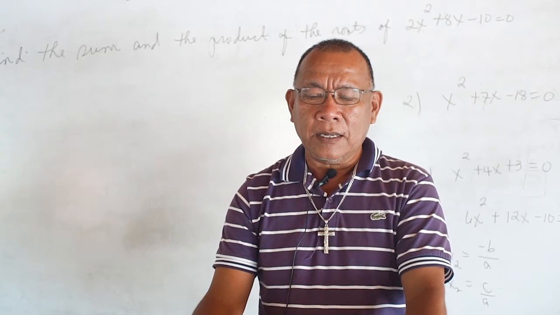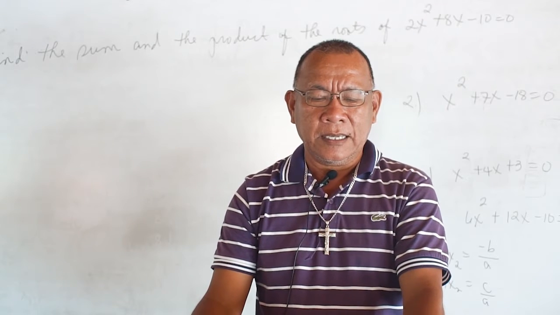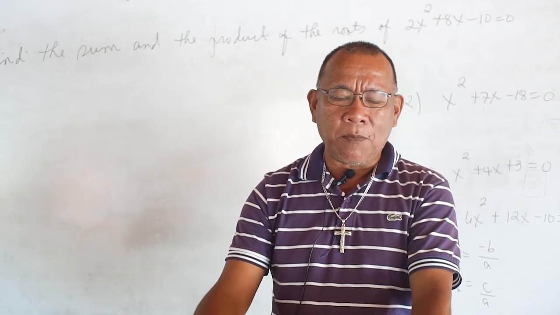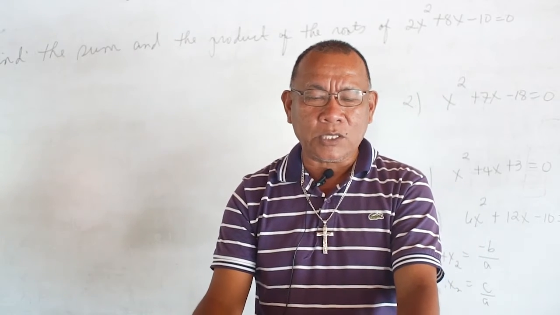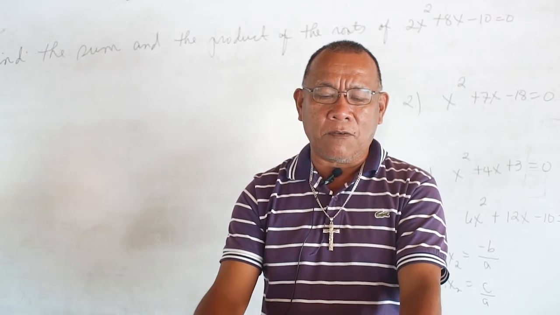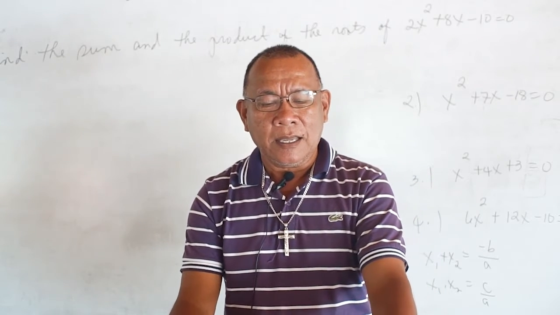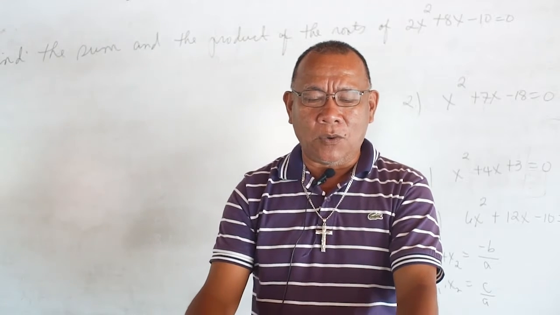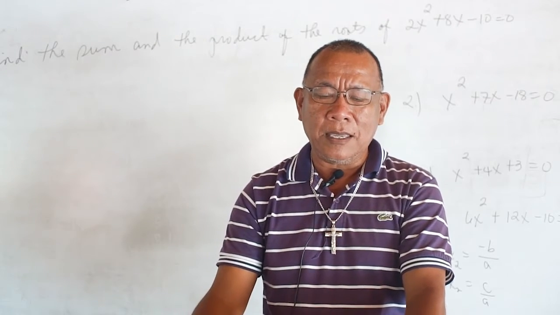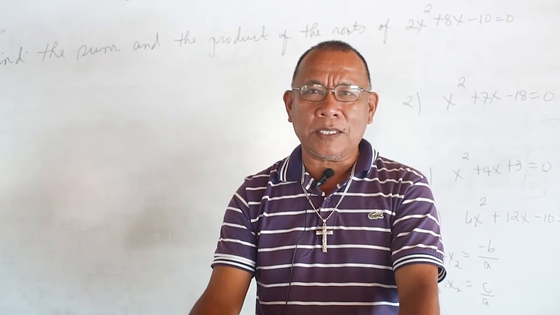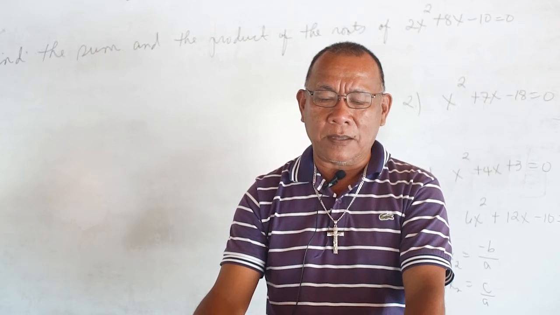From the quadratic formula, x sub 1 equals negative b plus the square root of b squared minus 4ac over 2a, and x sub 2 is equal to negative b minus the square root of b squared minus 4ac over 2a.